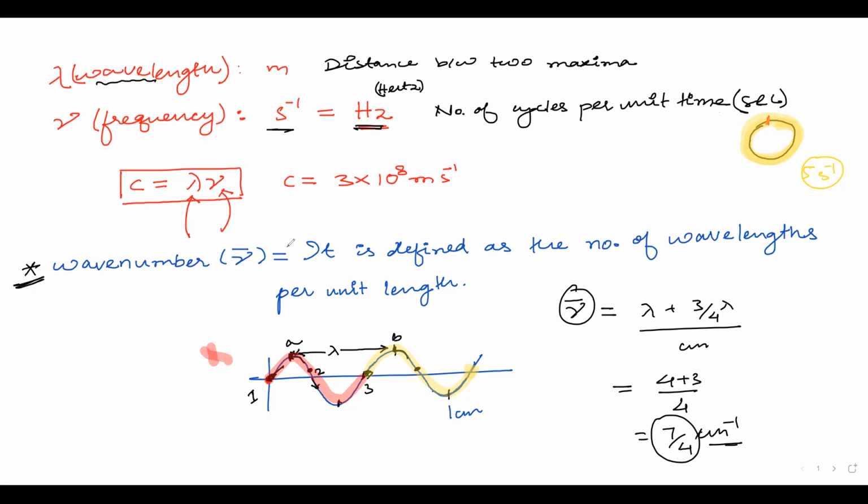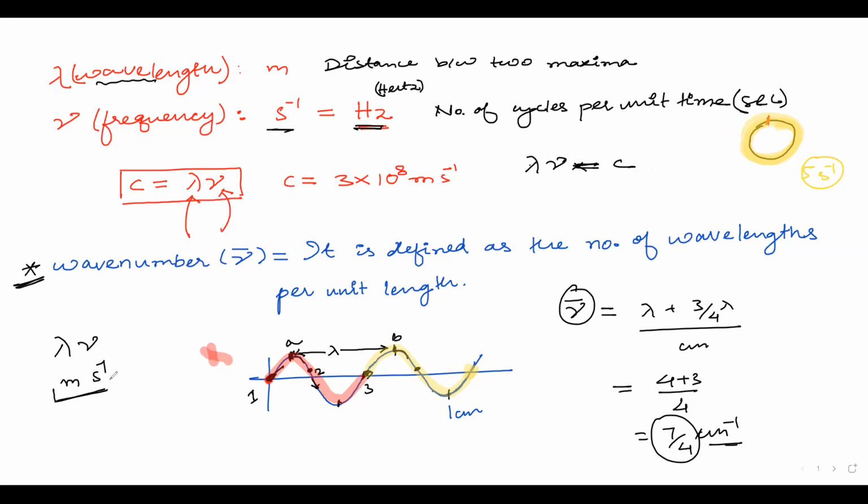Okay, hertz. Now the relationship between the wavelength and the frequency is what? If we multiply the wavelength of any wave and the frequency of any electromagnetic wave, this will be equal to C. What is C? C is the speed of light. Lambda is the distance in meter, nu is in second inverse.